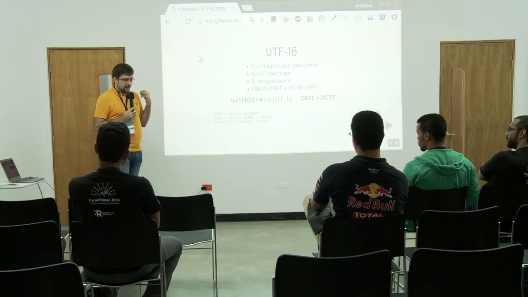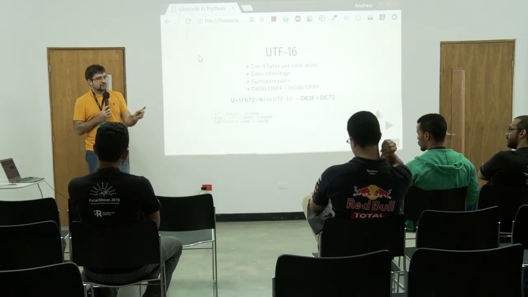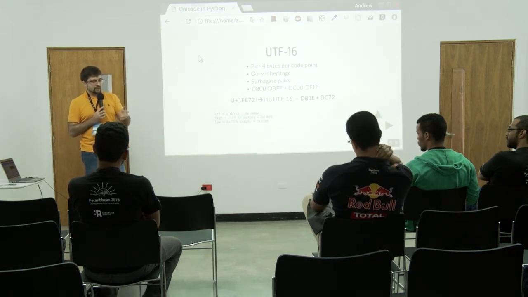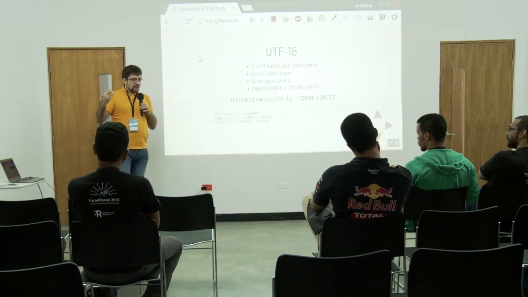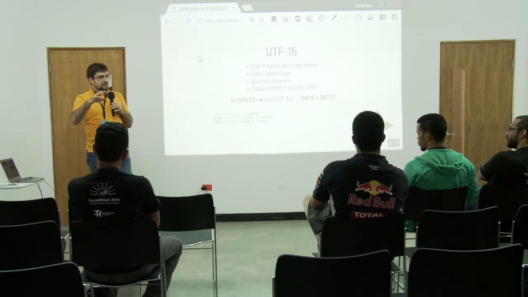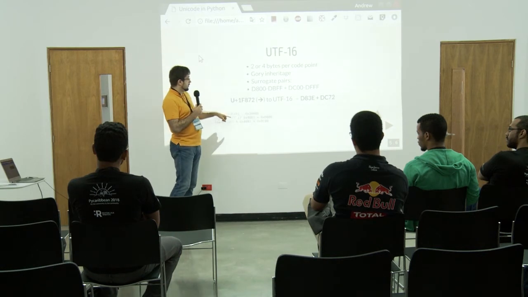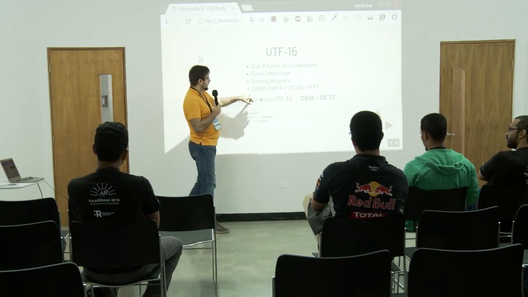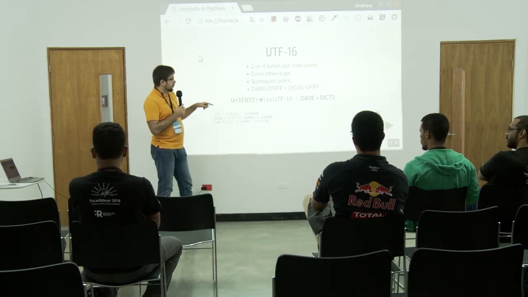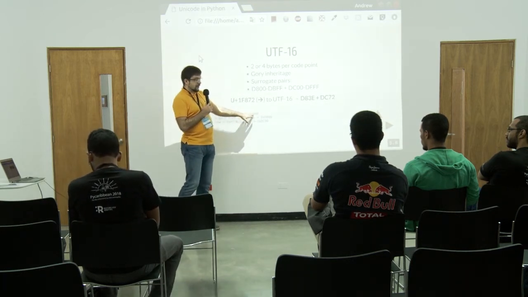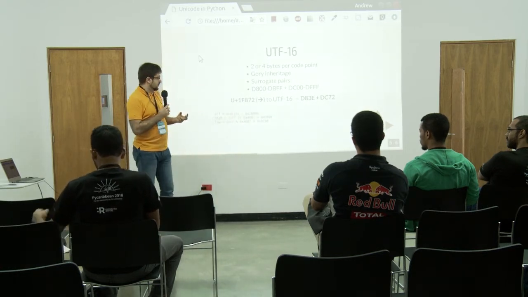So in Java we have 2 bytes, 1 word per character for 1 code point, but it does not cover the whole Unicode range. So symbols with code points above 65,535 are encoded as 2 words.